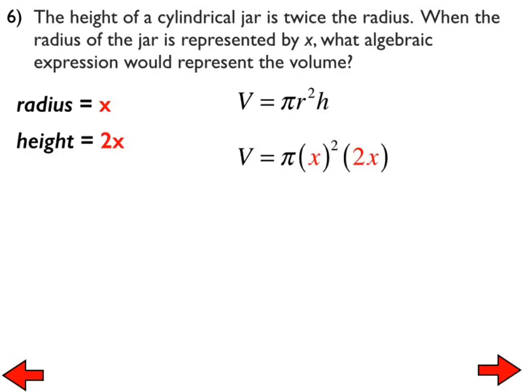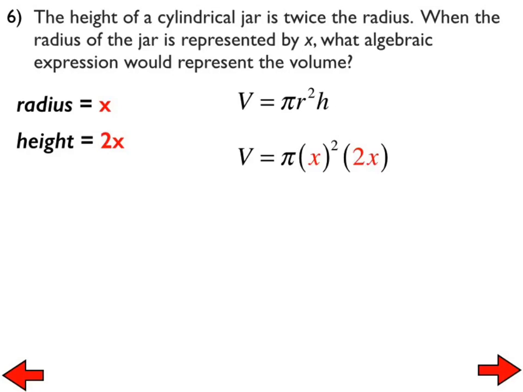But now I need to simplify it. If you had got an answer to a problem that was 4 times 6, you would not leave it as 4 times 6. You would simplify that to 24. If you got an answer to a problem that was w cubed times w squared, you would not leave it like that. You would simplify it to w to the 5th.